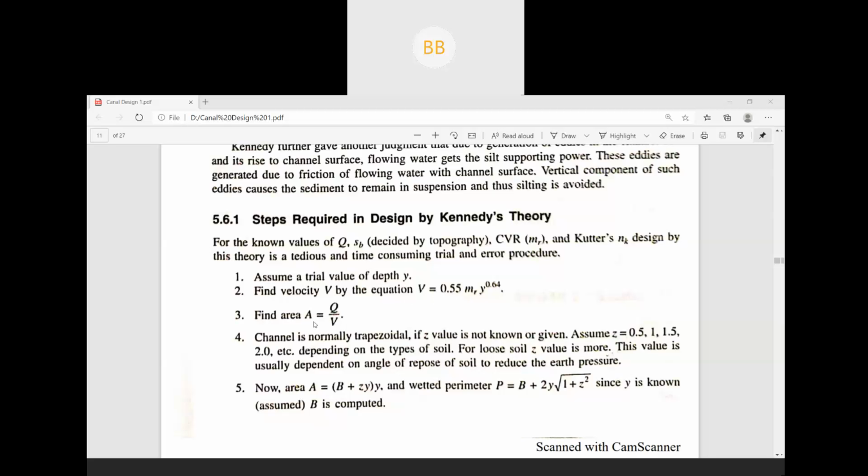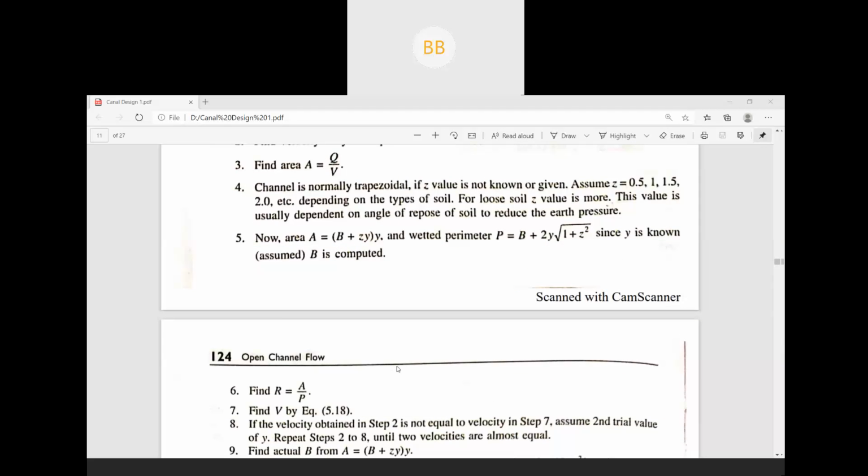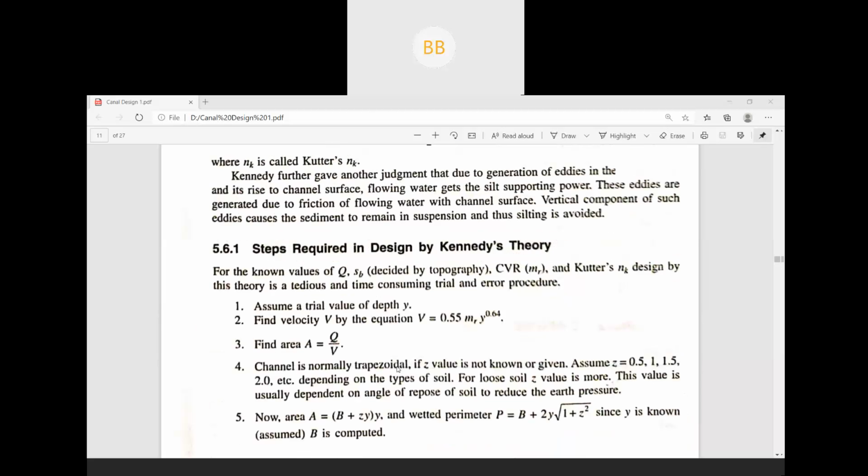Then we have calculated area, then we are considering a trapezoidal channel, then from that area equation we calculate the width of the channel, and then using that width we find out the wetted perimeter of that particular trapezoidal channel. Then we find out the hydraulic radius, and then again we find out the velocity by using this equation.